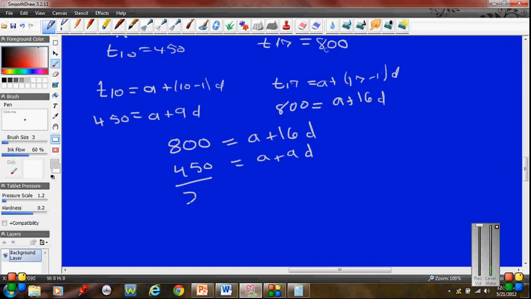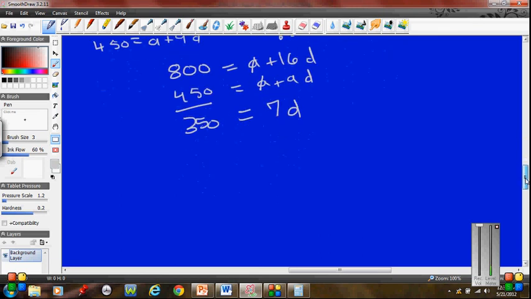So let's write that down. 350 is equal to A and A, cross out, because A minus A is of course 0. And then we have 16 minus 9, which gives us 7D.